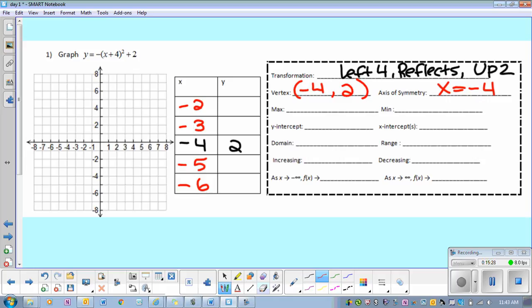So if I wanted to find this by hand, I would plug in -3 for my x and get my y, right? So then -3, plug that in, is what? 4, 1, -1, plus 2, 1.